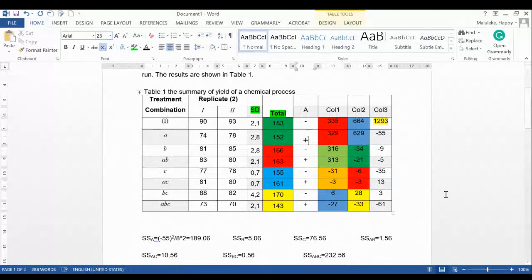Someone said they are getting 55. Check.